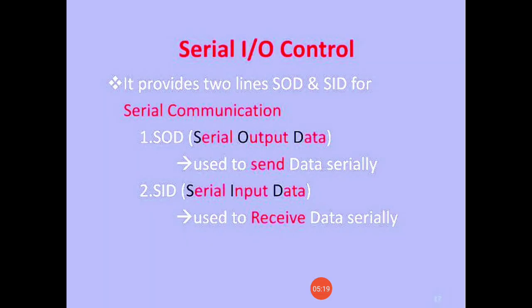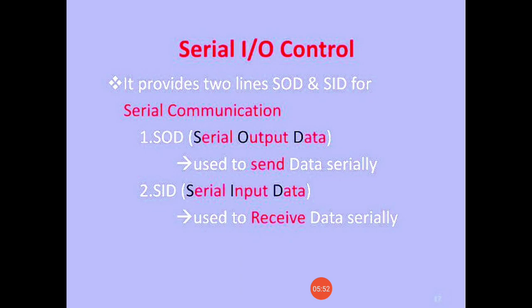And the last block that is remaining is serial input output control. So what happens in situations like data transmission over long distance and communication with, suppose, a CRT terminal, it is necessary to transmit data bit by bit to reduce the cost of cabling. In serial communication, one bit is transferred at a time over a single line.